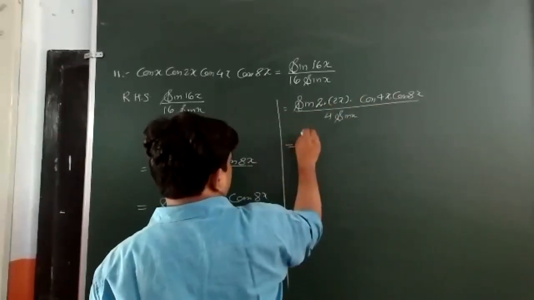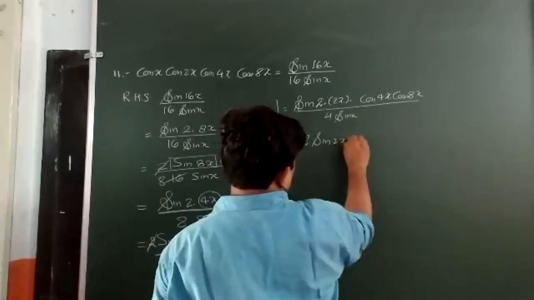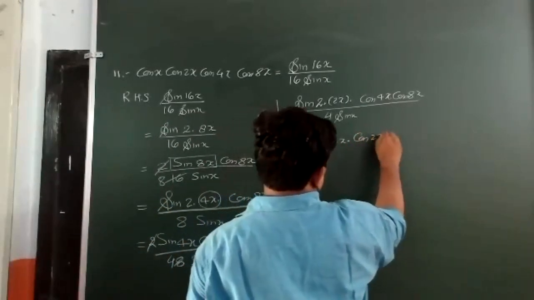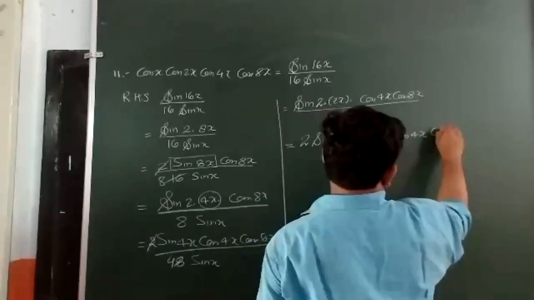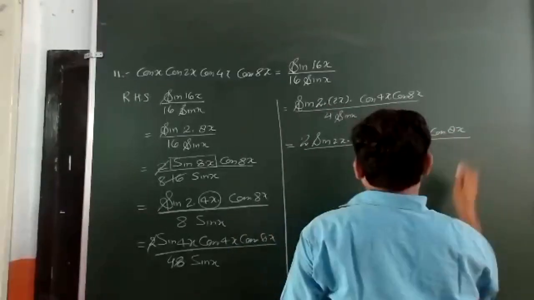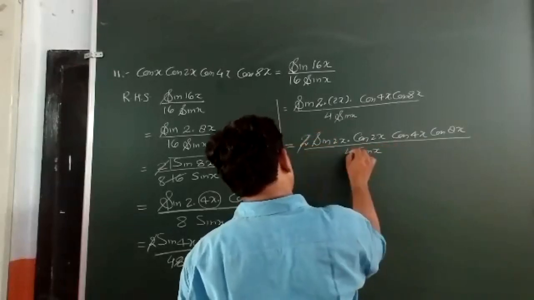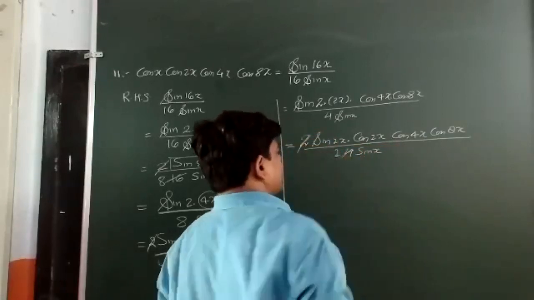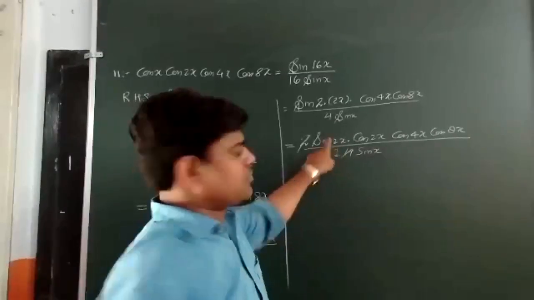Now it can be written as 2 sin 2x into cos 2x, cos 4x, cos 8x, upon 4 sin x. The 4 can be eliminated, and now again I am going to use the formula of sin 2x, that is 2 sin x cos x.